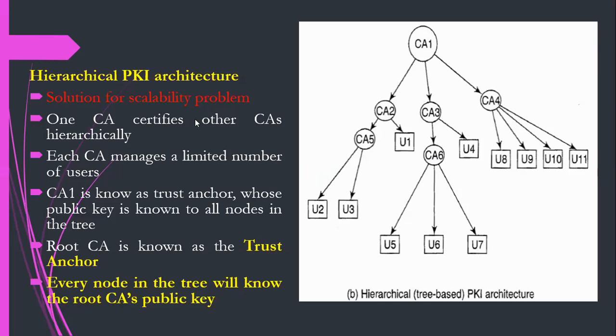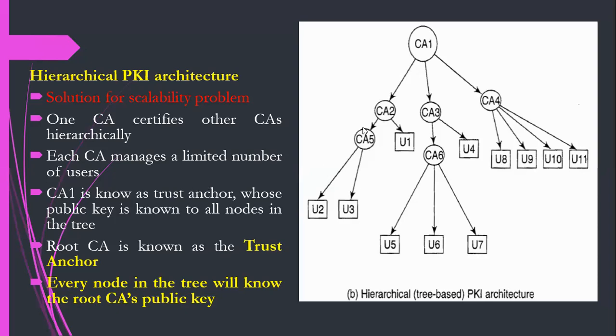Here each CA manages a limited number of users. As you see in the diagram, CA4 is limited to certify 4 users, U8 to U11, and CA6 can certify only 3 users.